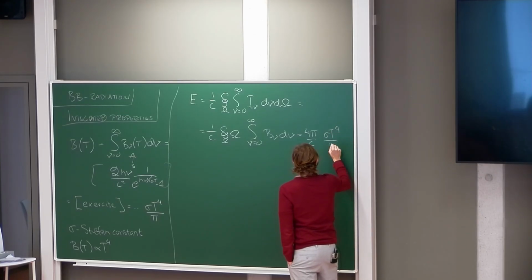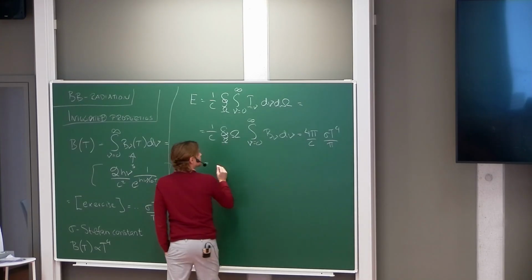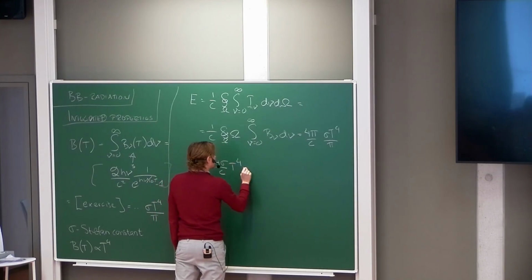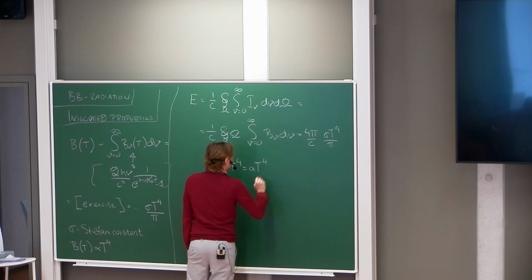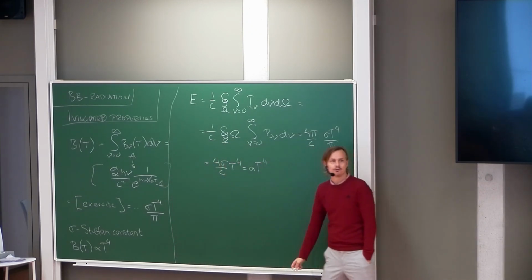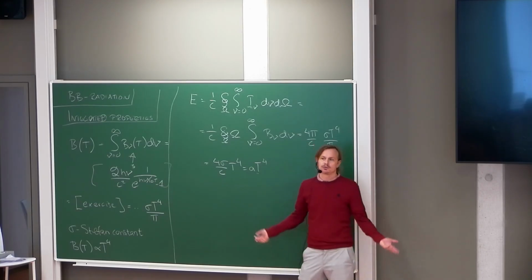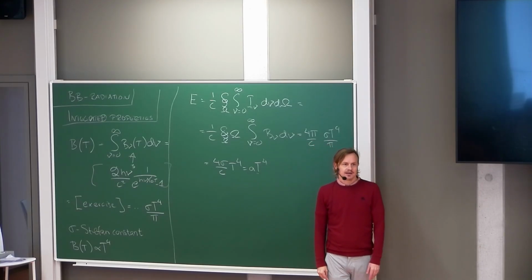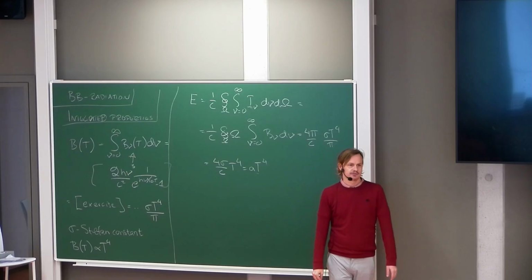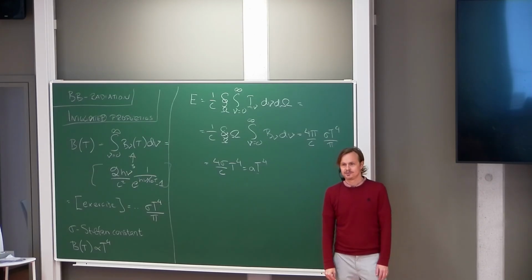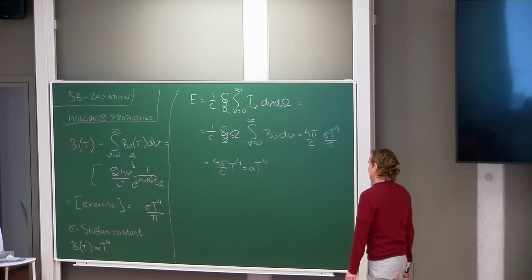It's just this one. So this becomes just 4 sigma divided by c T to the fourth, which you often see as A T to the fourth, where A then, of course, is equal to 4 sigma divided by c, and it's typically called the radiation constant. That's just unfortunate because we have more letters to keep in our head, and A is not such an original letter.